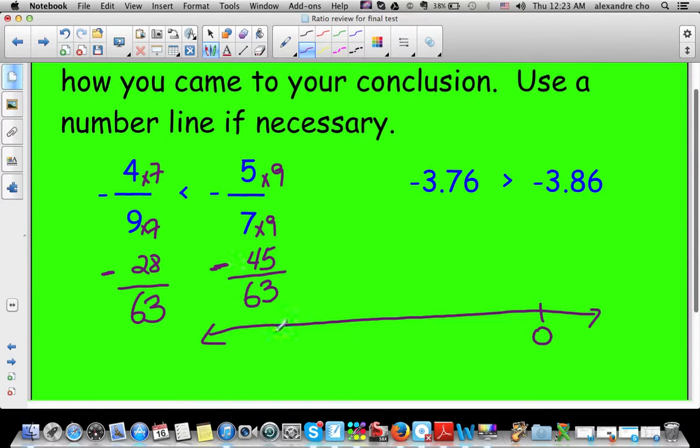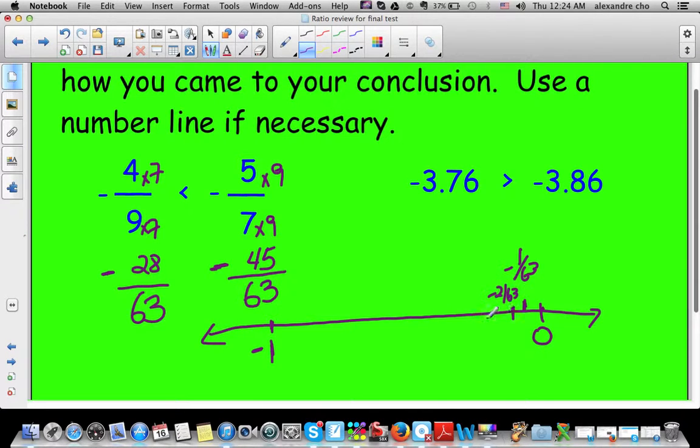Here's 0, here is negative 1, I should say. If I'm at 0 and I cut the space between 0 and negative 1 into 63 pieces, then I walk, and right here would be negative 1 over 63. The next one would be negative 2 over 63, and on and on.